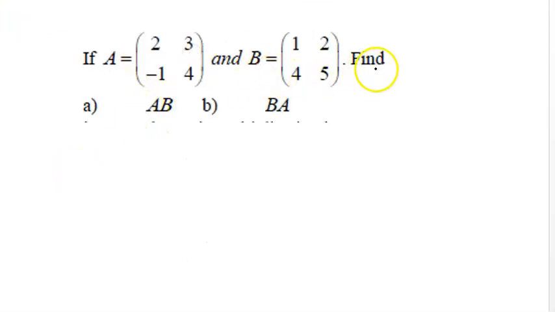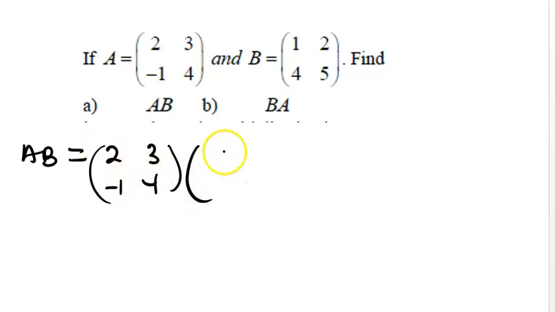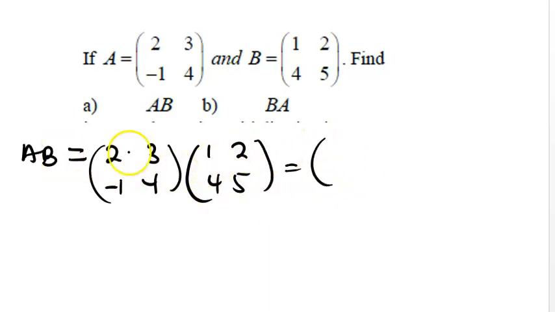Let's check another one. We have two matrices, A and B, and we want to find AB. The first matrix is 2, 3, minus 1, 4. Then the second matrix, 1, 2, 4, 5. Now first row, first column: 2 times 1 plus 3 times 4.